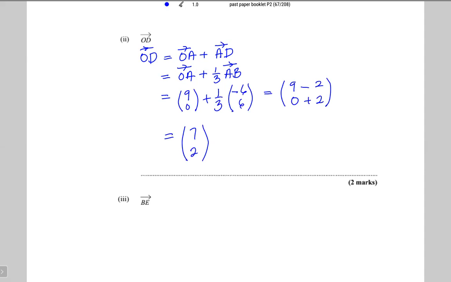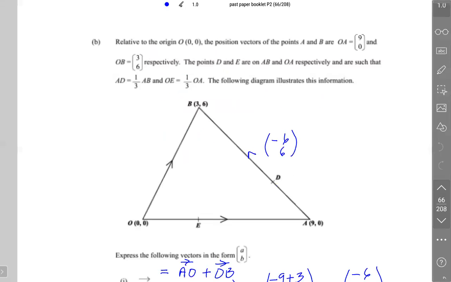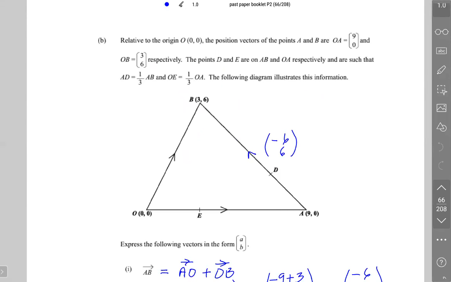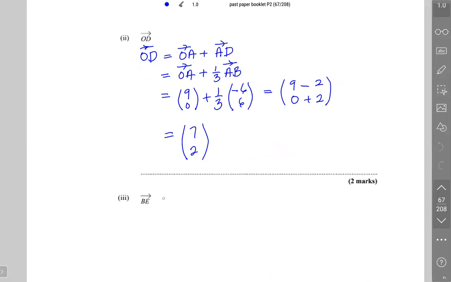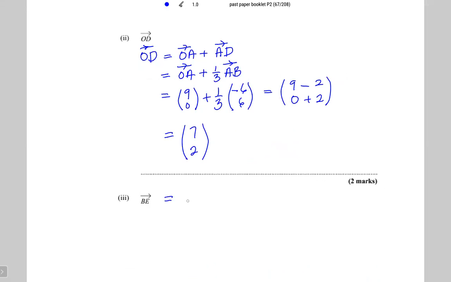Lastly, BE. Let's go back to our diagram. I could say that BE is equal to BO plus OE. So BE is equal to BO plus OE.